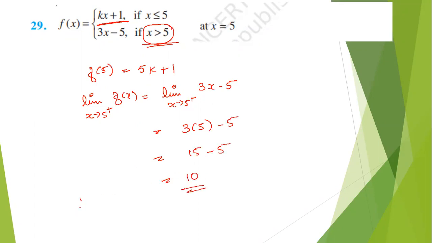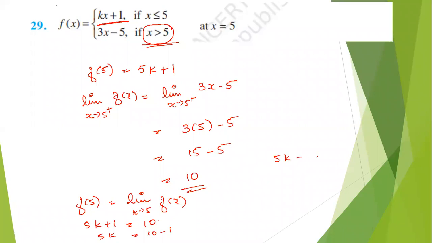Now just equate f of 5 with the limit. So what you get? 5k plus 1 equals 10. So what will be the value of k? So 5k is equal to 9. So k will be equal to 9 by 5.